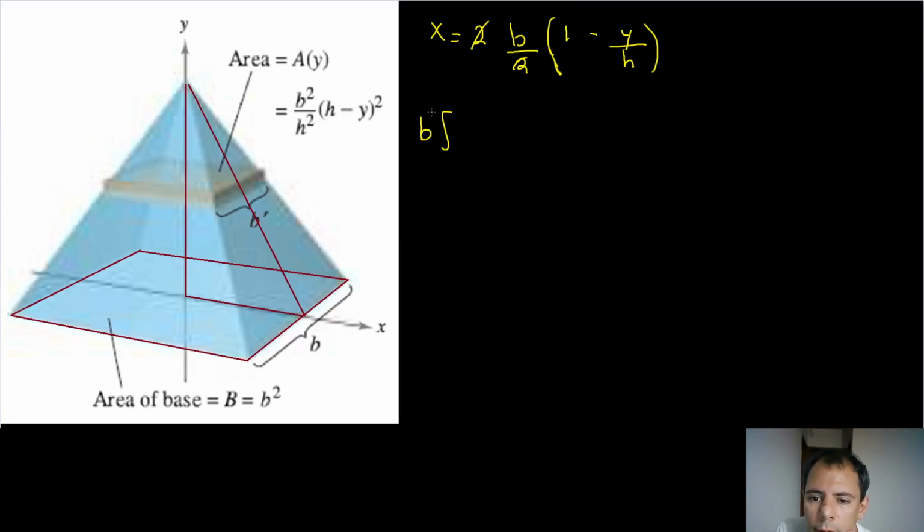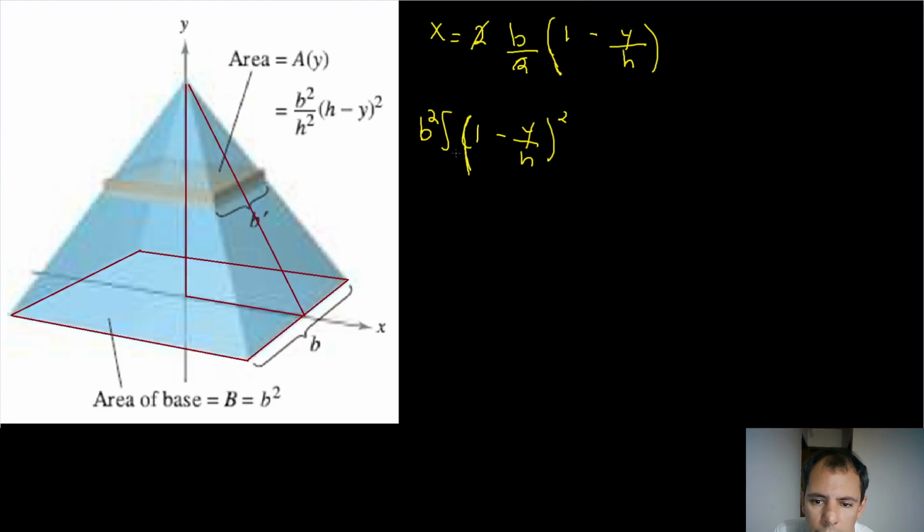Okay, I have to put this b squared here. And then 1 minus y divided by h, squared. I'm just going to leave it like this.